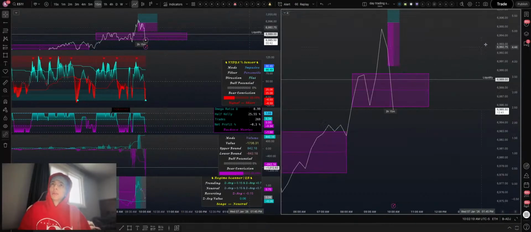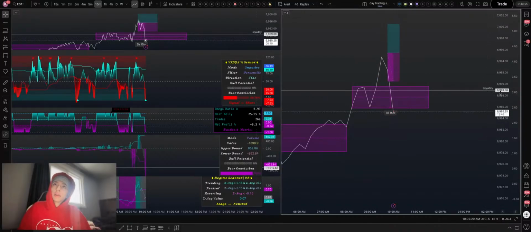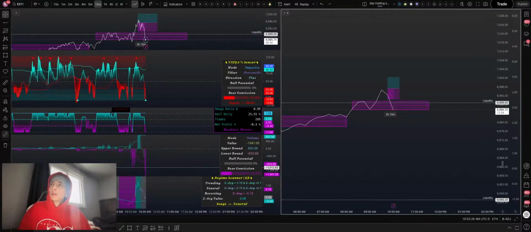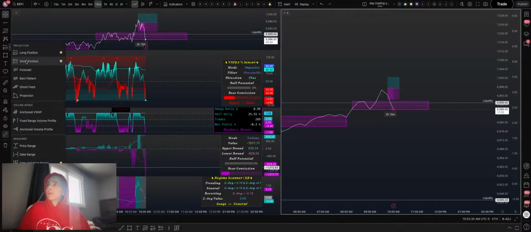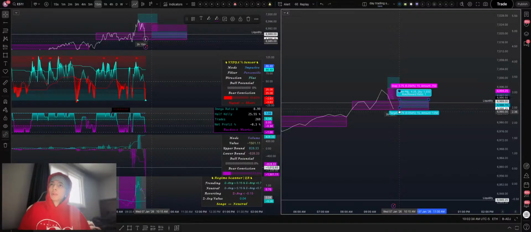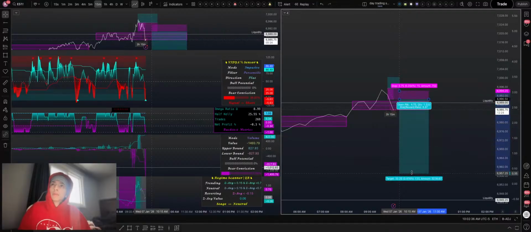The lows, the liquidity, next level is 69.45. So I think we're going for roughly 30 points, so yeah, we could easily hit these lows.